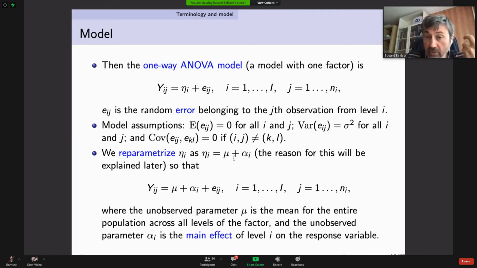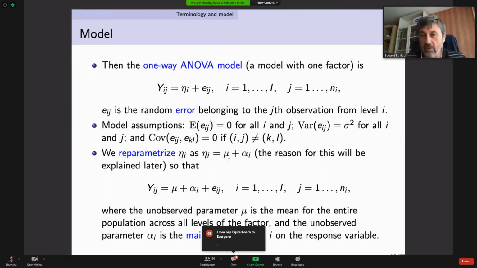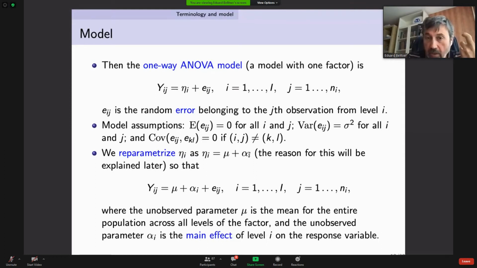We introduced an extra unknown. There were eta 1 and so on, eta I, so I unknowns, but now we'll have I alpha unknowns plus mu unknown, so it's I plus one unknowns. So we made our life more difficult. Just simply substitute this in there.